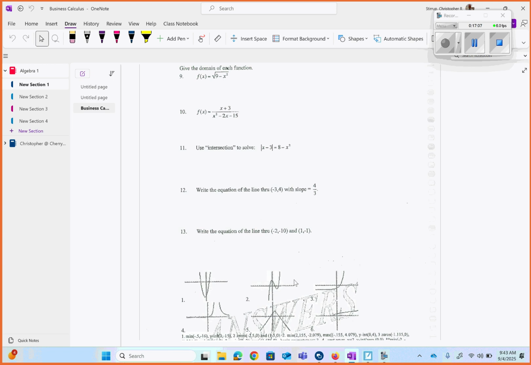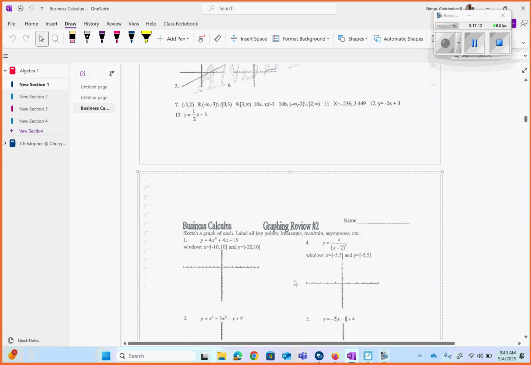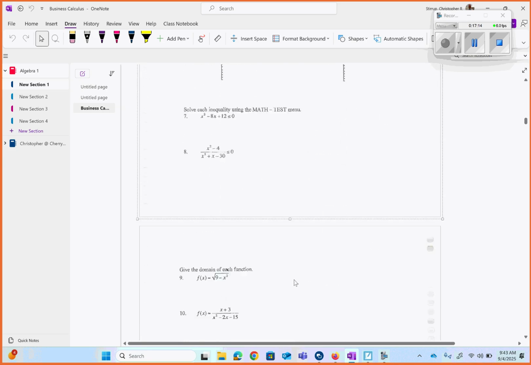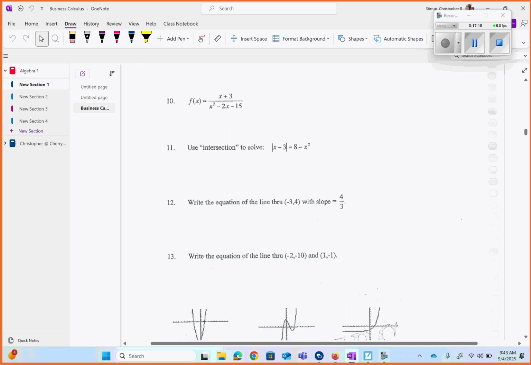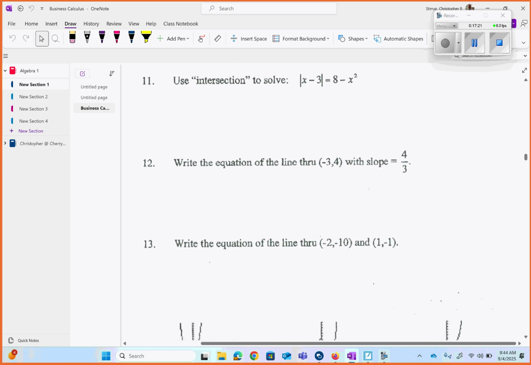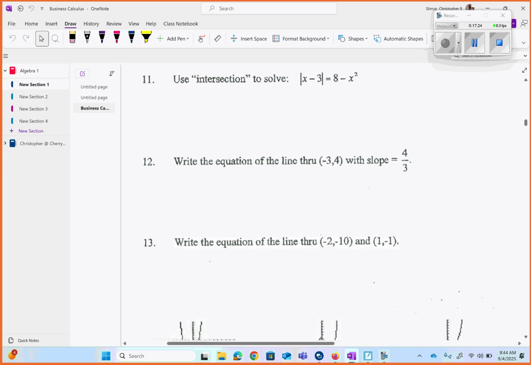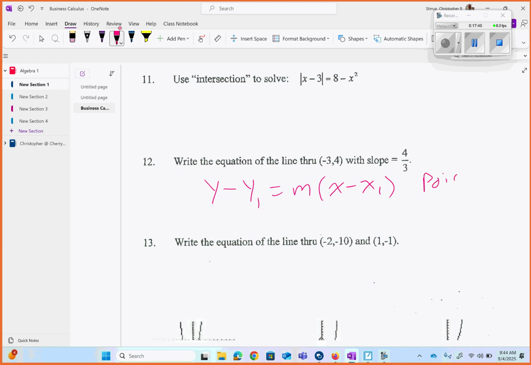All right, I want to focus on a couple of problems on the second page of Graphing Review 2. Go down to number 12. Okay, so what you need to know on number 12 is you have an equation that looks like this. This is called point slope, from Algebra 1 or Algebra 2.